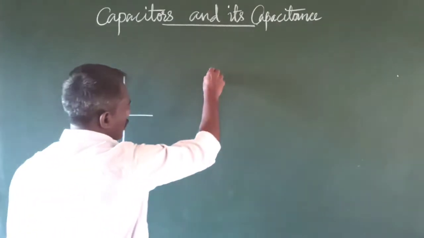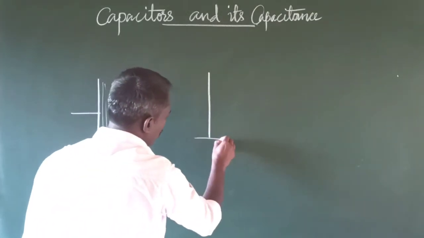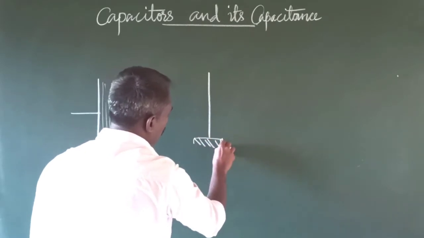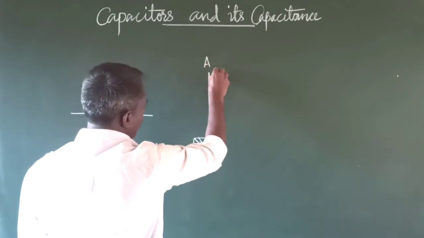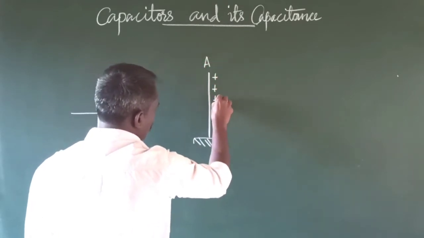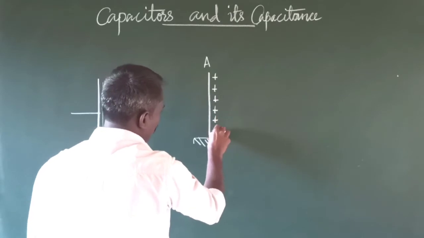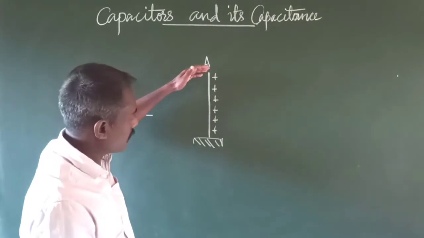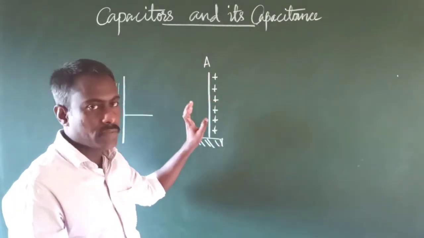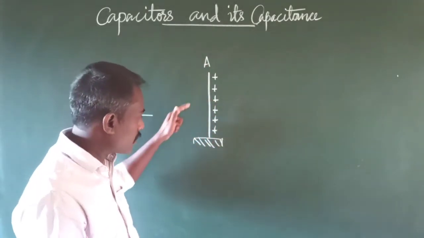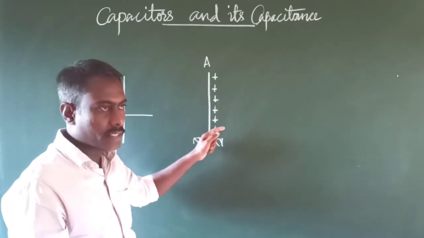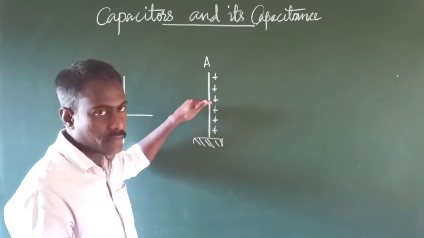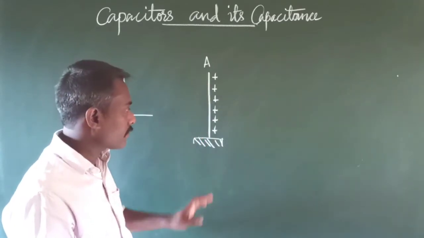Let us take a capacitor with a conductor A, which is connected to an insulated medium here. This conductor A is charged with positive charges. It is fully charged, saturated with positive charges in such a way that we cannot add more positive charges to the conductor.